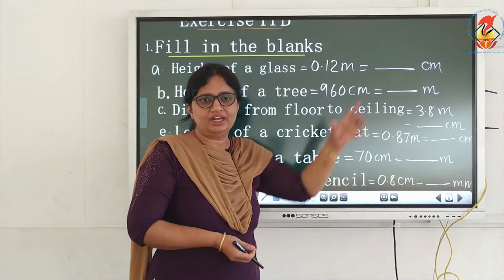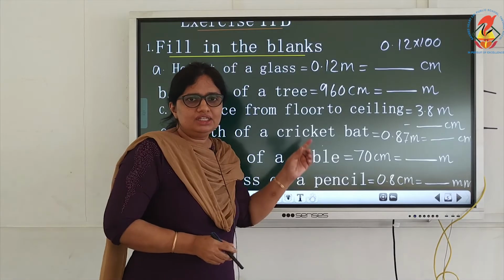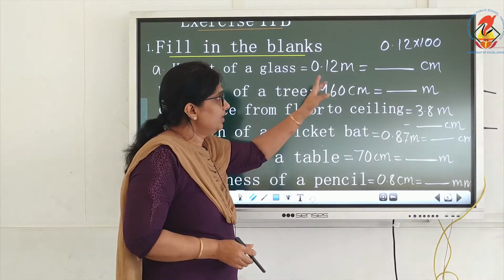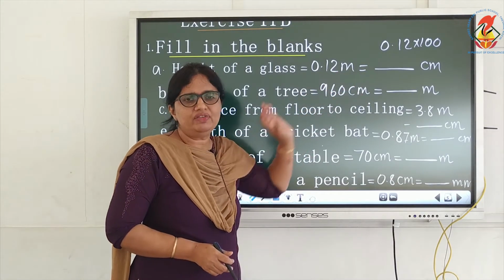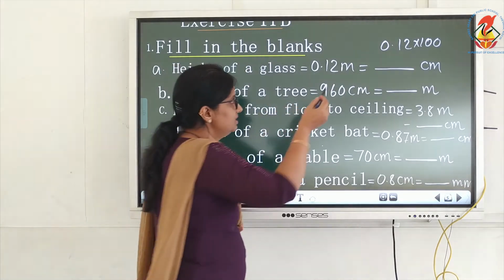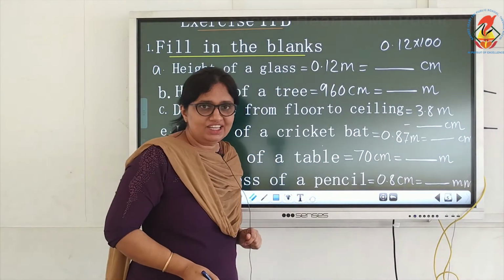0.12 into 100, I will get what? See, I taught you in the decimal chapter, right? If you are multiplying by 100, what will happen there? The decimal point moves 2 places to the right only, right?